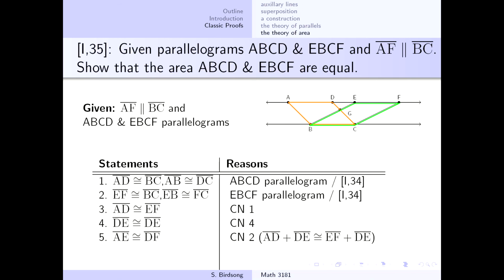So this is specifically adding in that same little piece of DE onto the already congruent line segments, which is exactly what common notion number 2 tells us to do. Now, why do we care about that? We care about that because we're actually going to be looking at these two triangles. So that triangle and then this triangle right over here. And I'm going to claim that those two triangles are in fact congruent to each other, and they should highlight here in just a second.